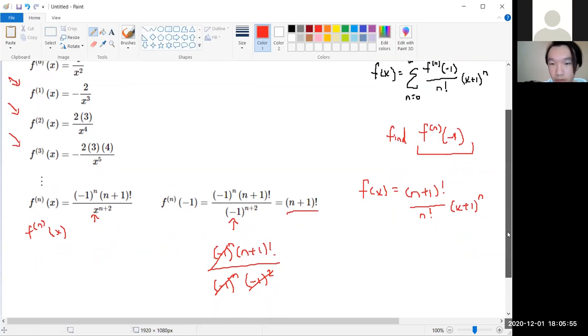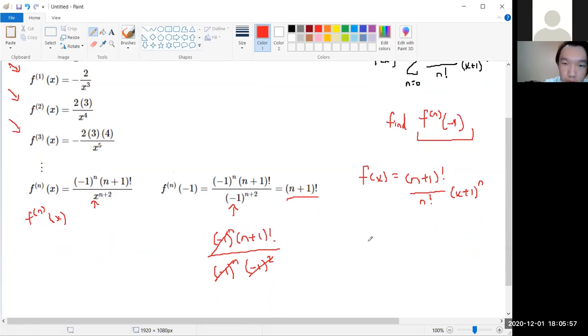Right, so that's our Taylor series. I think we could simplify this a little more, right? So n plus 1 factorial over n factorial. Do you guys remember what that is? Yeah, so that's just n plus 1. Okay, so that's our answer.